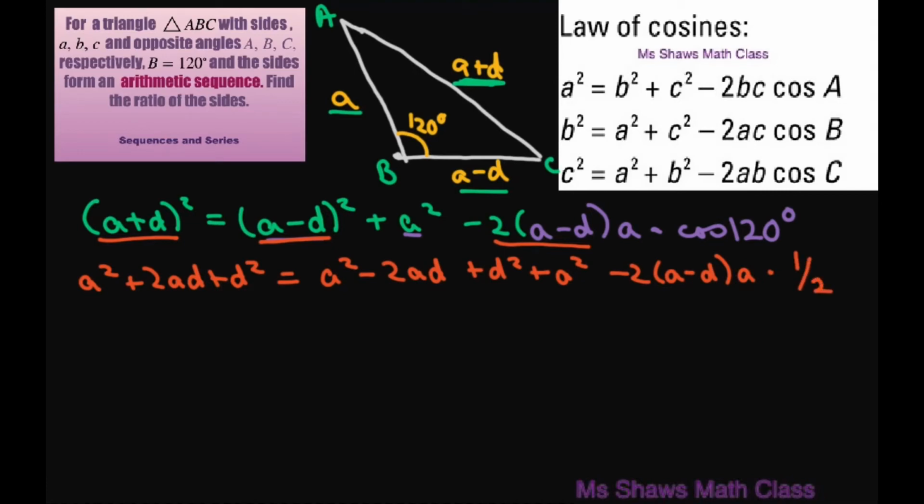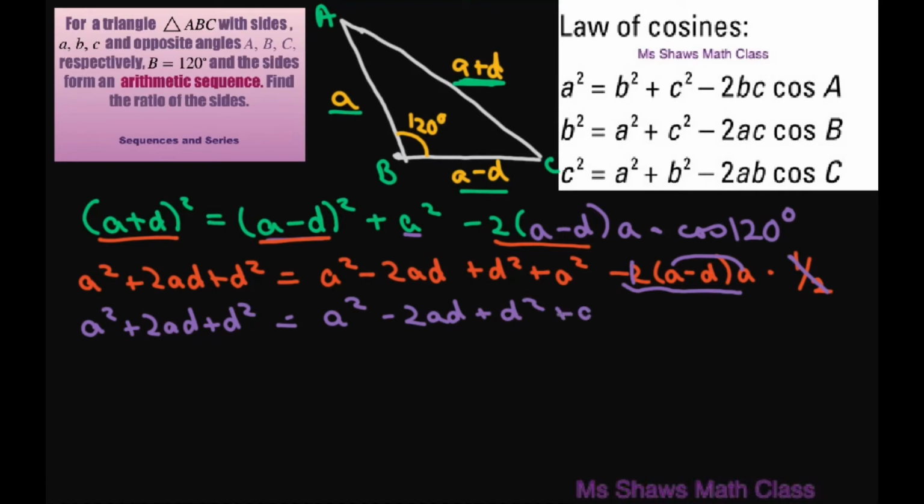So what happens is we're going to have this a squared plus 2ad plus d squared. Now, this part here, the 1/2 is going to cancel the 2. So when you distribute, let's just go ahead and write it: a squared minus 2ad plus d squared plus a squared, and since the 1/2s cancel, minus a squared plus d squared, right?